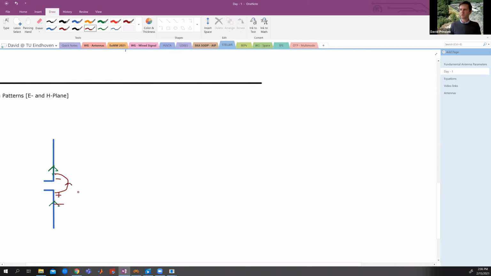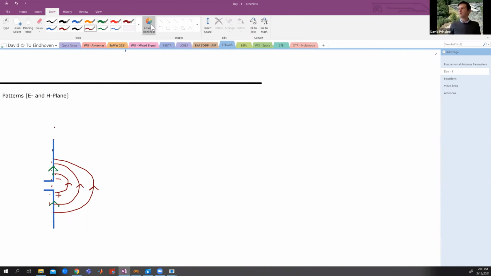I hope all of you can visualize that and see that. And similarly, this field distribution would also be along here. It's actually three-dimensional around the dipole antenna.